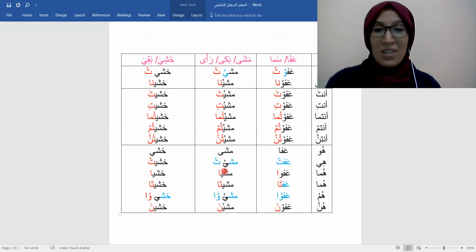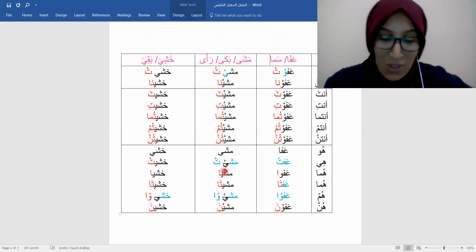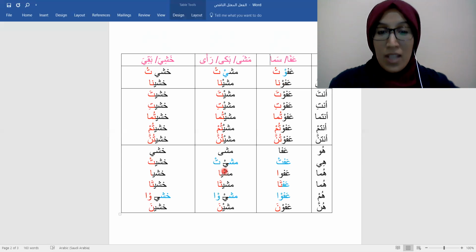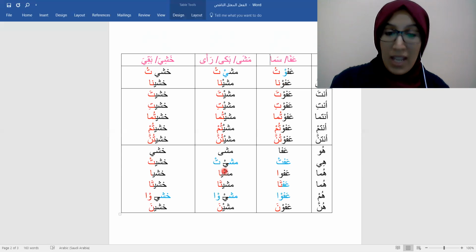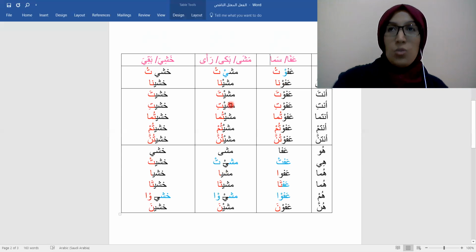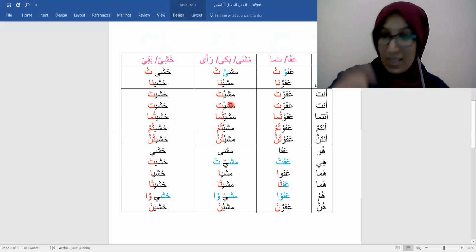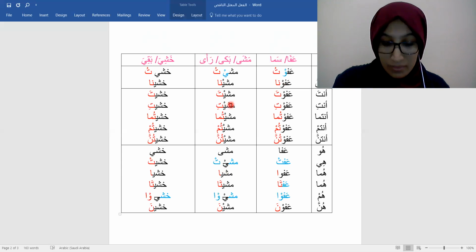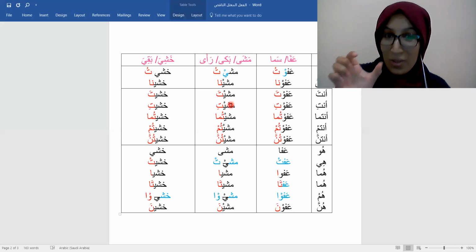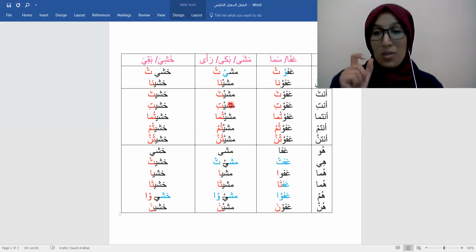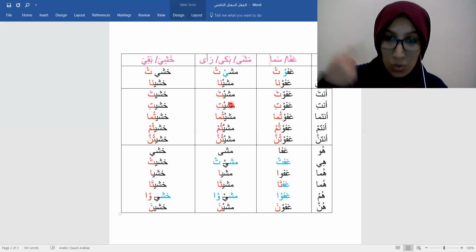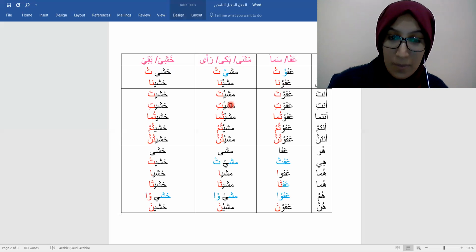So it's depending on the change in the conjugation. So here in this category, we have the verbs in which we change or replace the حرف العلة. We call it حرف العلة. We change it with its original letter.